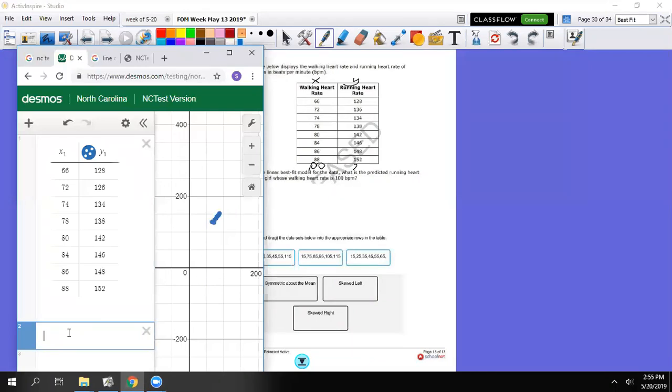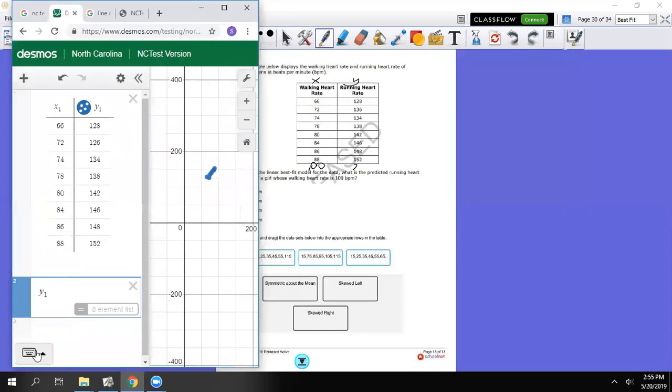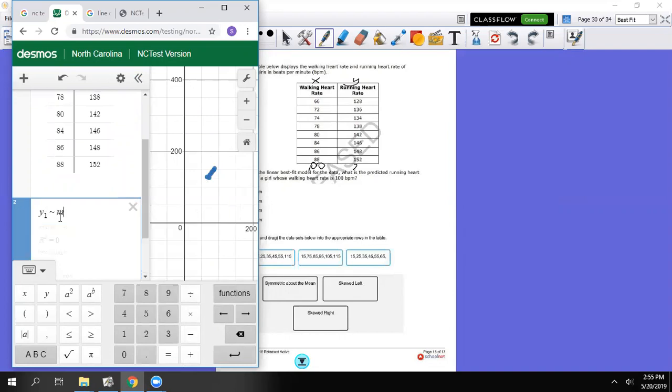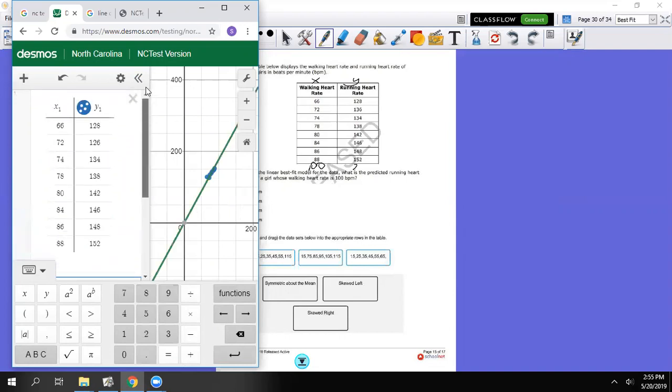For that, remember we're going to type in y1 regressed against, and we're going to use our little keyboard there. Keyboard functions, stats, little squiggly line, m x1, because remember we're talking about x list 1 and y list 1.